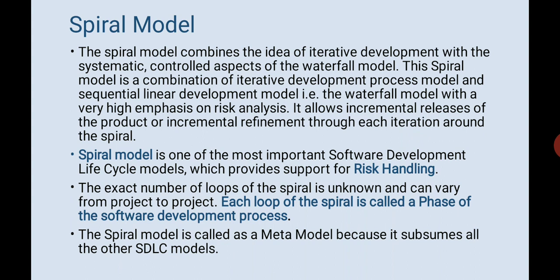It accommodates the best of all of them, along with the risk handling capacity, right? So it is a meta model and an evolutionary model. Evolutionary, why? Because we are doing evolution of the software. With each spiral going around, the software is improving itself.